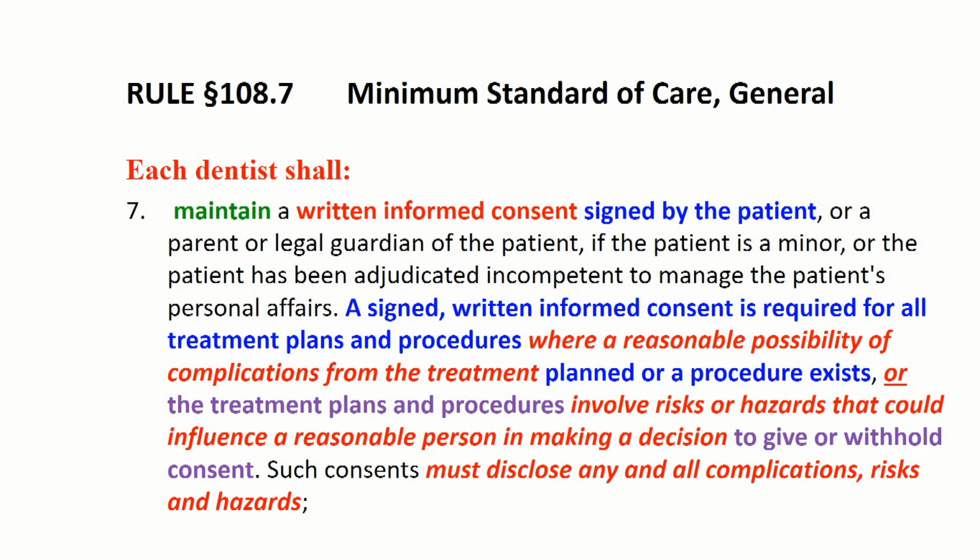My advice has always been to be as conservative as possible, to always view the rules from the most conservative position. To obtain informed consent from the most conservative position says that I'm going to obtain informed consent if there's any possibility of a complication.